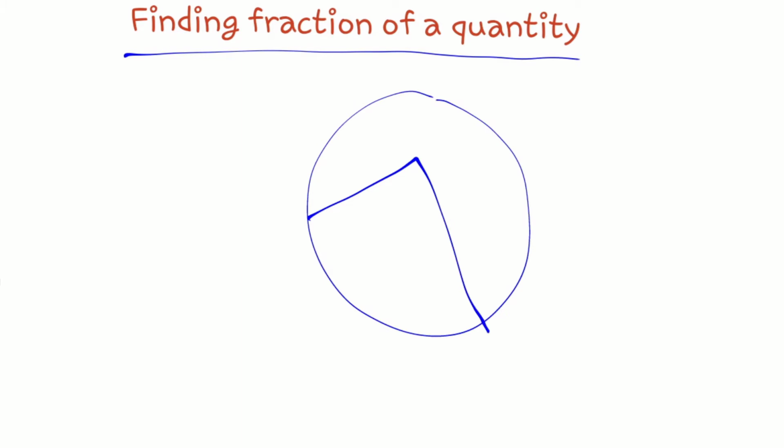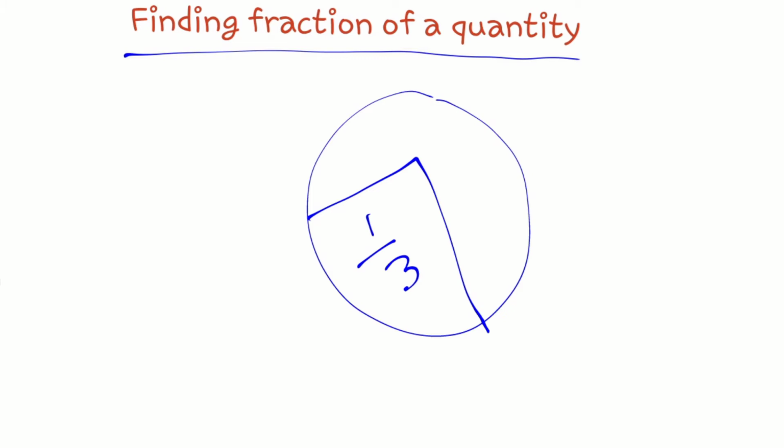We are going to look at how to find fraction of a quantity. So if we have a quantity, how to find a portion of it. If we are given a fraction, say this portion of it is 1 over 3, how to find this portion of this whole quantity.